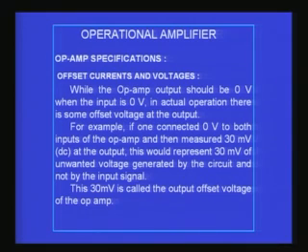But you would find in a practical operational amplifier or any amplifier for that matter, even when you give 0 input, which corresponds to connecting the input terminal to the ground potential, you would find invariably there will be a very small but finite voltage at the output.